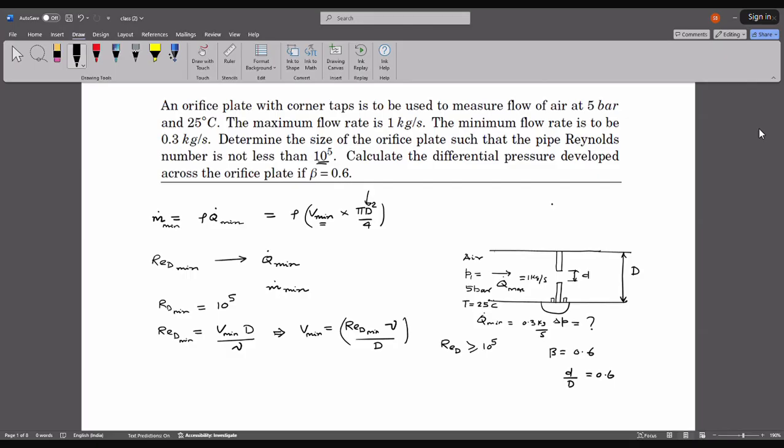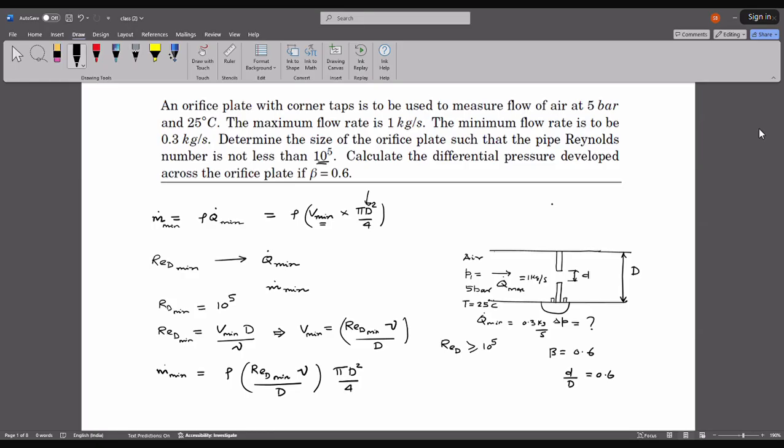So we can now write down. The minimum flow rate is 0.3 kg per second. So m dot min is rho into V min into area. So in place of V min, we will substitute Re_D min, Reynolds number minimum, nu over D into pi D squared over 4.